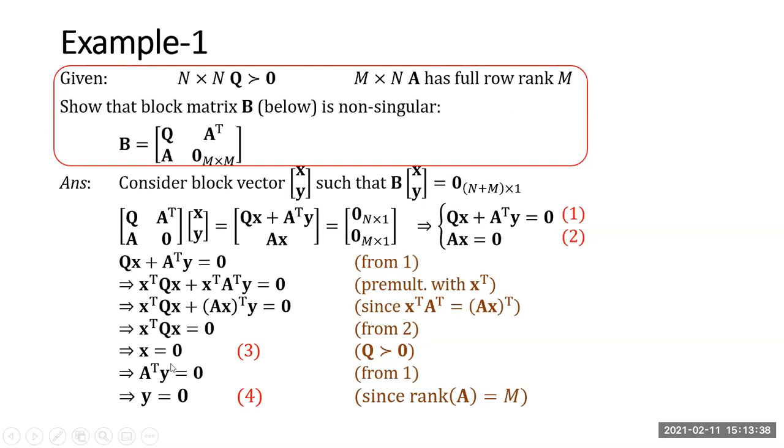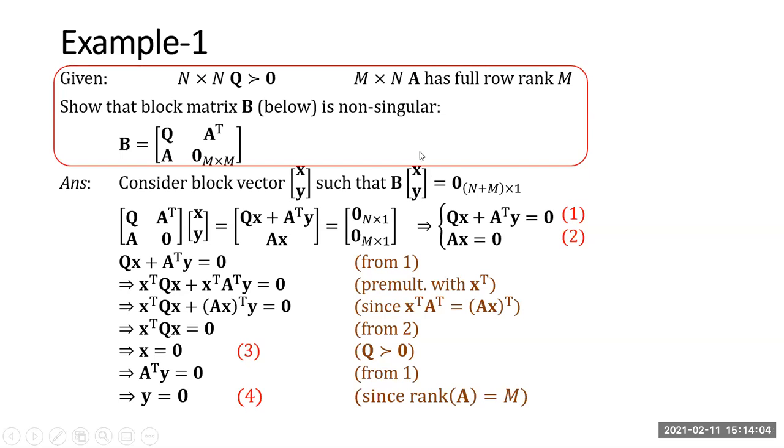And so we show that X and Y both are equal to 0. Therefore, for this B times this block vector to be equal to 0, this block vector itself has to be 0. Therefore, B is non-singular. Are you guys with me, or any questions? Yeah, clear.